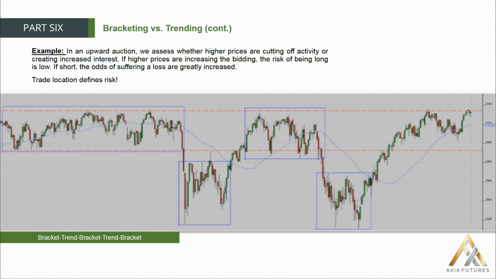In other words, if we are looking for buy-side trades in that first box, in the first bracketing, if we're looking for buy-side trades towards the high, momentum trades, we're taking on a lot more risk. Equally, if we're looking for sell-side trades towards the bottom of it, we are taking on high risk.